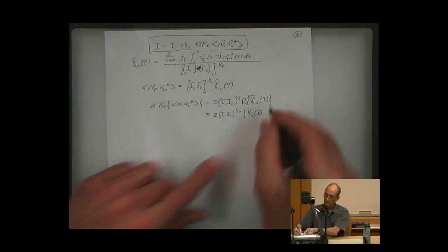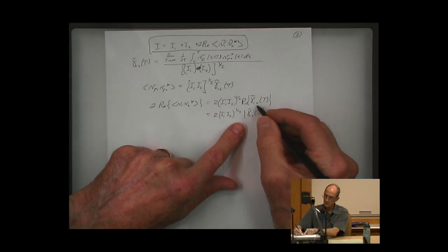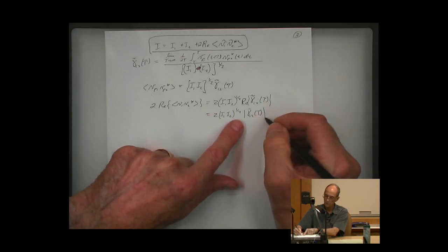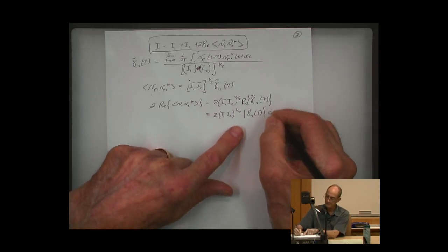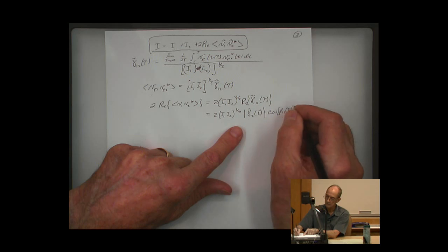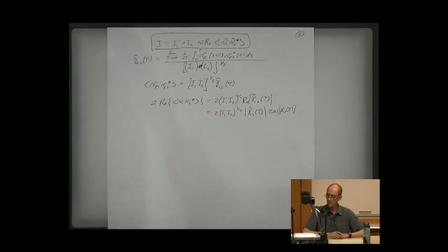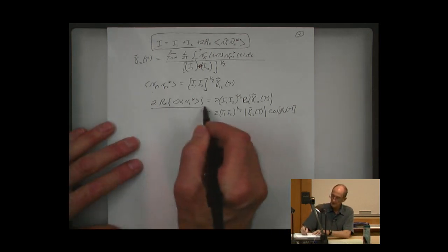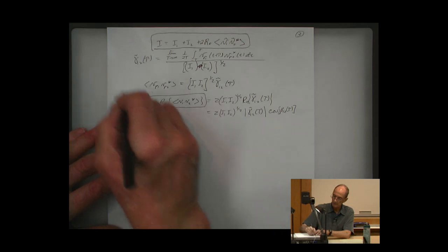So our complex degree of coherence function now is a real part and a phase part, also real, corresponding to that complex field.